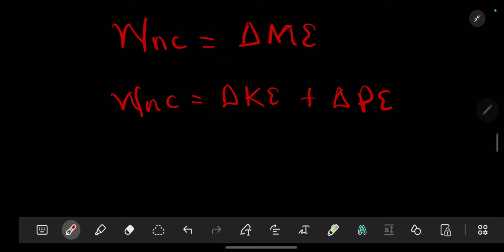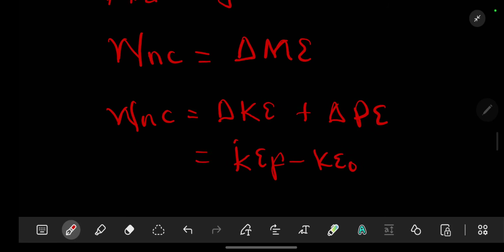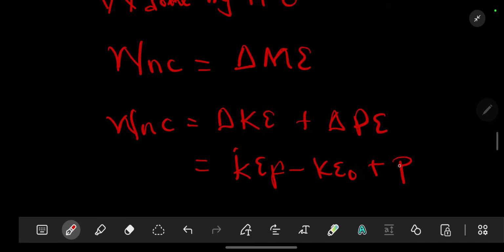A change is calculated by the final thing minus the initial, which will be KE final minus KE initial, then plus the final potential energy minus the initial potential energy. So this is the formula of the work done by a non-conservative force. Don't forget this, we are going to use it.